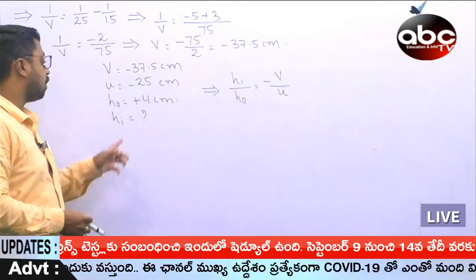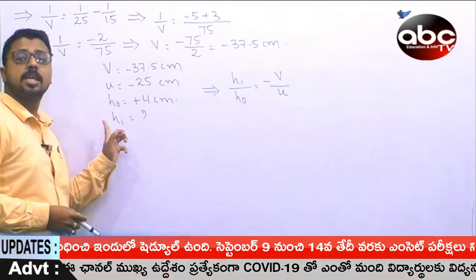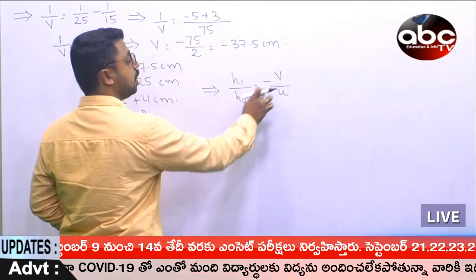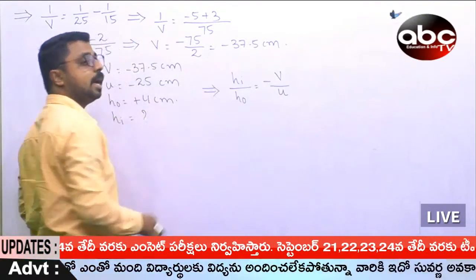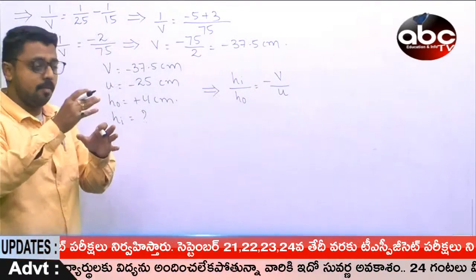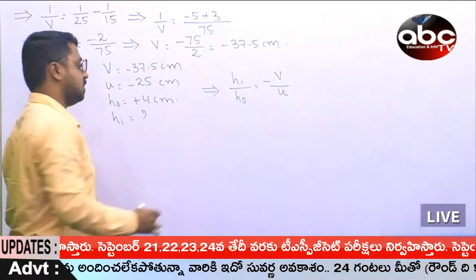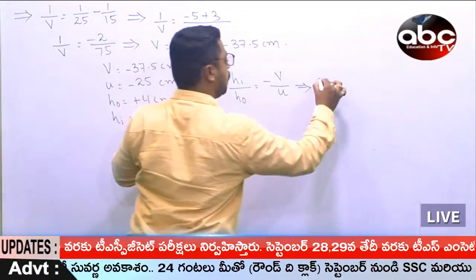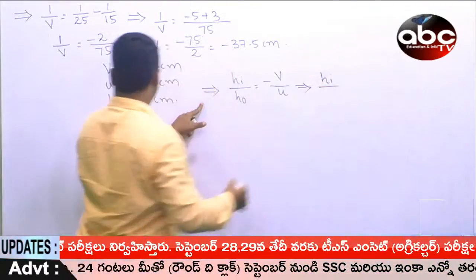In this, we do not have the value of HI, that is height of image. Therefore, we are going to substitute all these values so that we may get the correct answer. We are going to get HI by, what is HO?